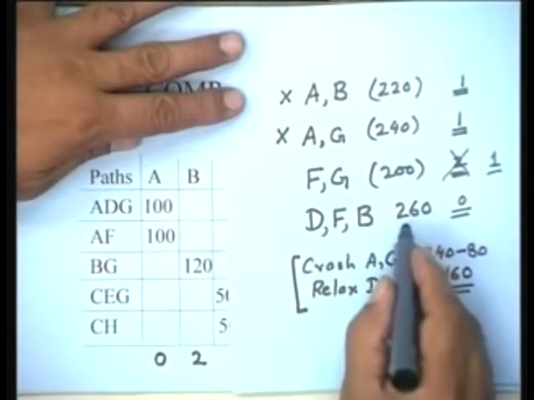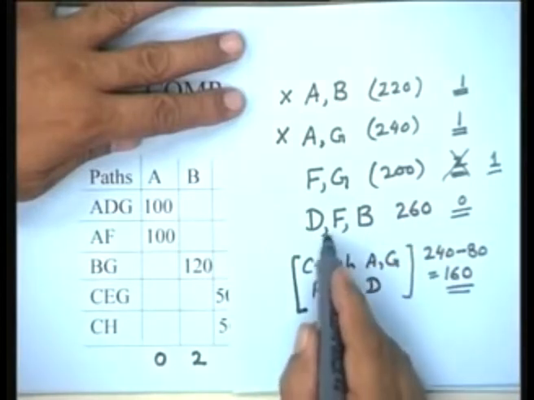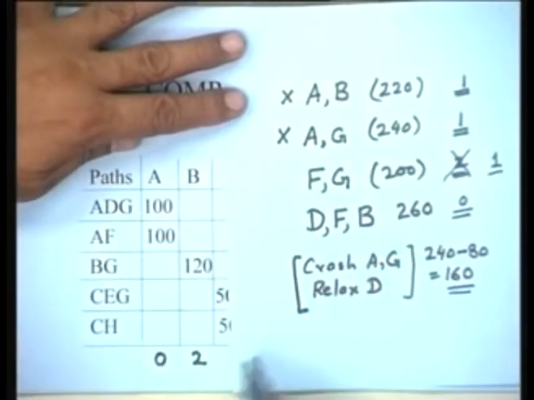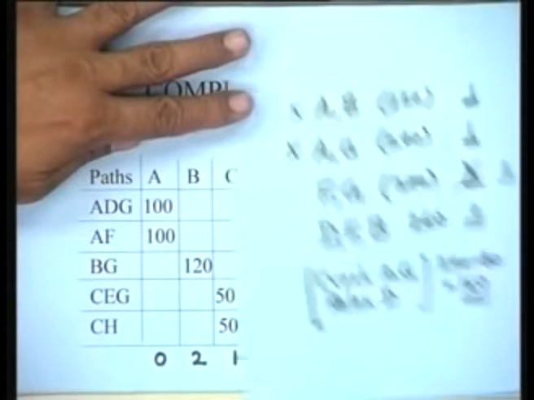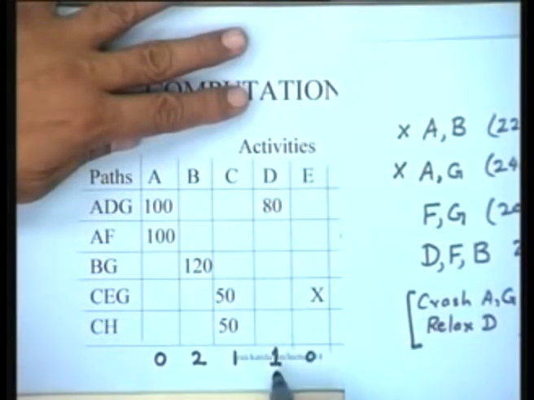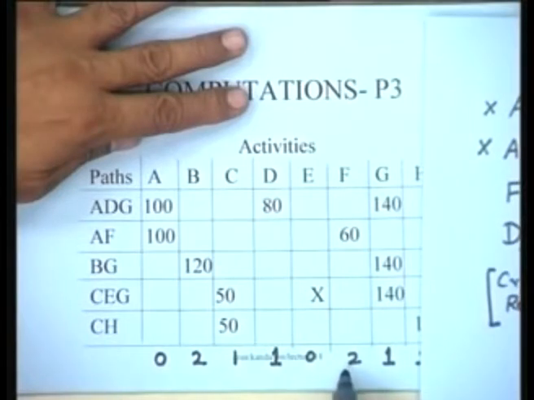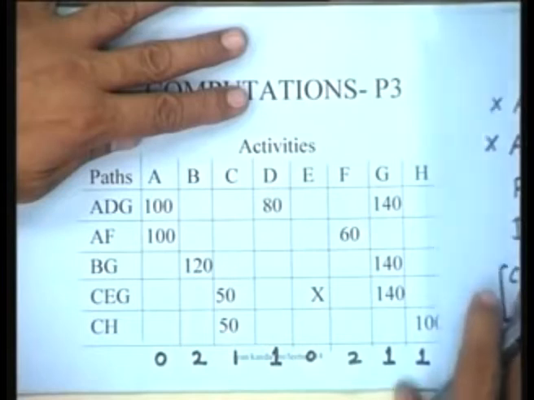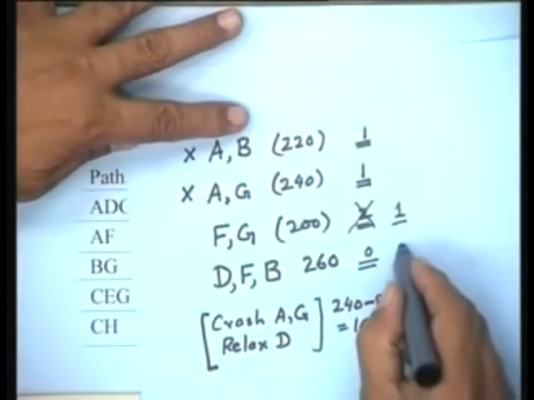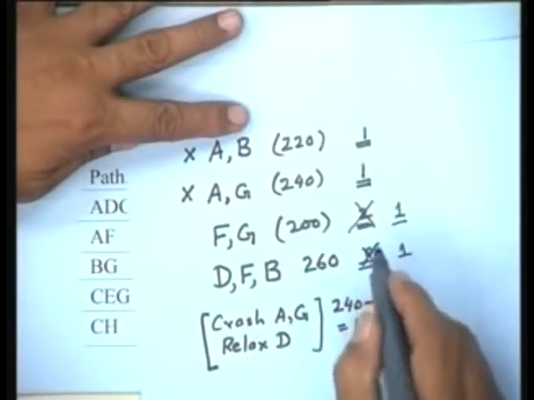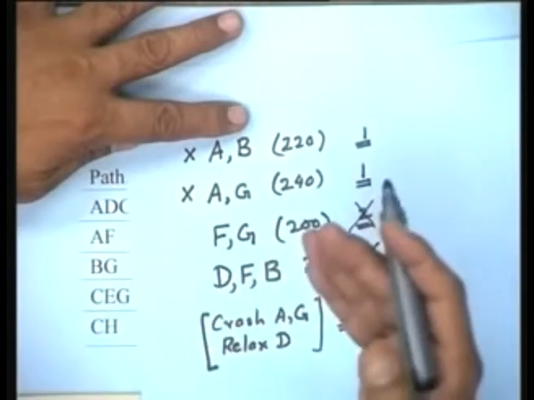Is this available? This option has become available because D can be crashed. D can be crashed by 1 day, F can be crashed by 2 days, and B can be crashed by 2 days. So the minimum of all this is 1 day. So it is possible to do this crashing by 1 day now.